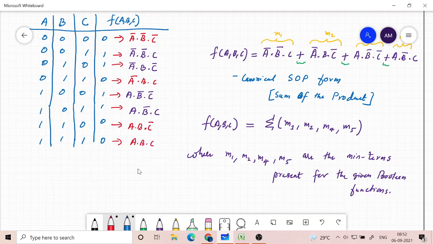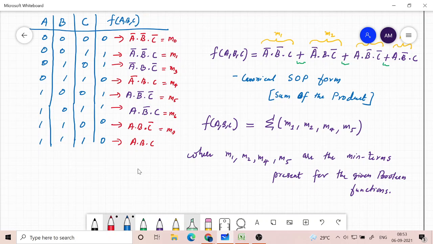So these are the min terms. If I name them, this is my m0 and this is my m1. Small m I am using; for min terms we use small m. Then m3, m4, m5, m6, m7.